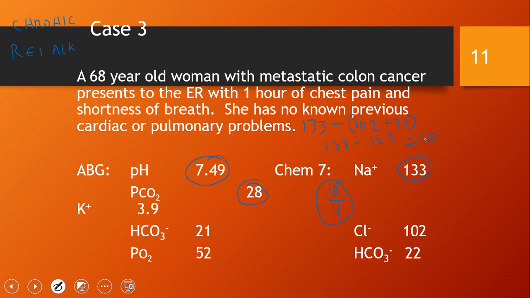So that's not much of an anion gap. So I would say this is non-anion gap. And if there's not a big anion gap, maybe that's saying that the compensation is adequate. So yes, compensated.